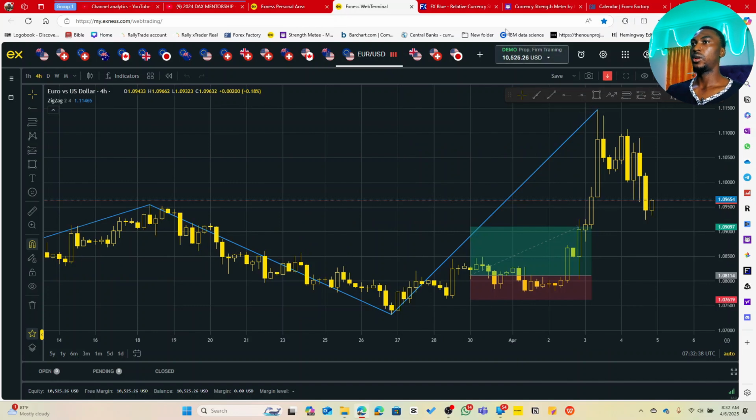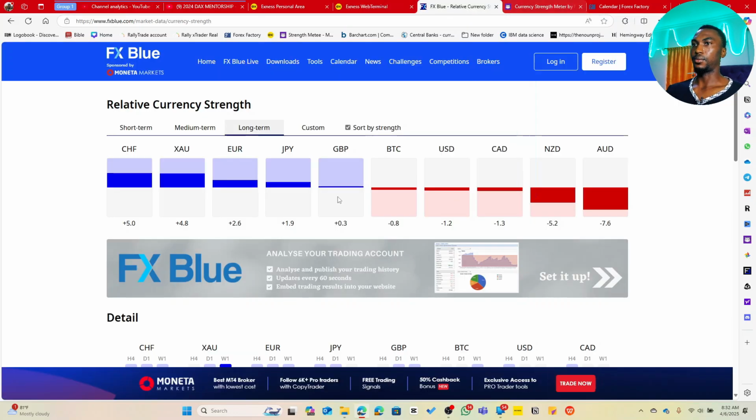Now for the euro US dollar. Now we've tested all the things we should be selling as compared to the US dollar. Now when it comes to these cases, the euro, the Japanese yen, the British pounds, the Swiss franc, you should be buying it against the US dollar, but you should be cautious when it comes to the euro, the Japanese yen, and especially the pounds against the US dollar.